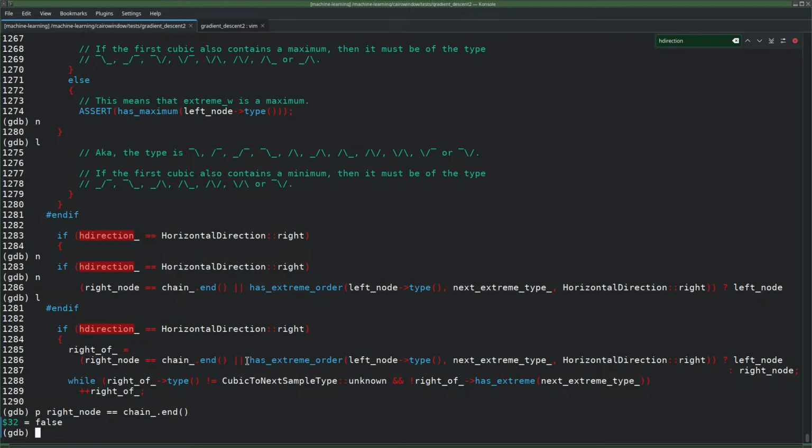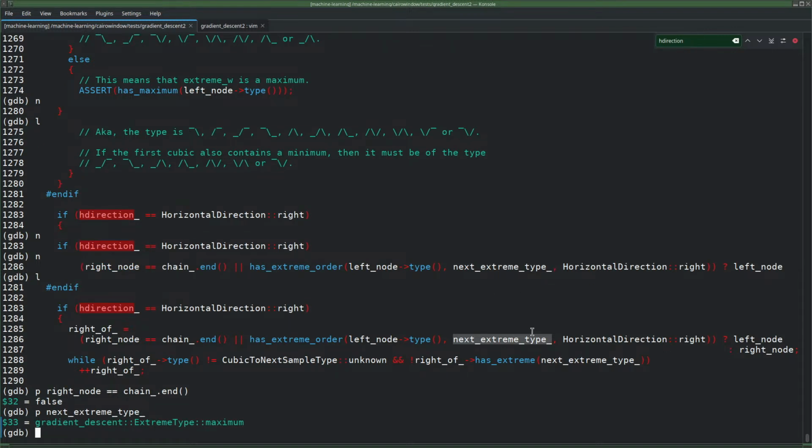And then depending on it has extreme order, where the next extreme type is on the right of the other extreme type, we pick a left node or right node. Next extreme type is maximum, and the maximum is not on the right of the left node.